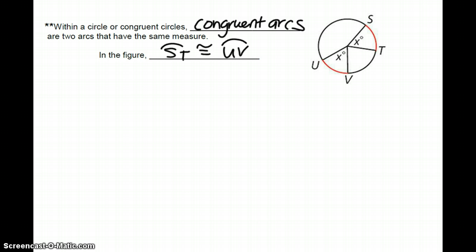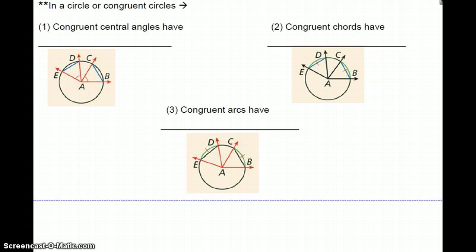Going off of this, we sort of have a flow of 3 theorems in a circle or congruent circles. Congruent central angles, so if angle EAD is congruent to angle CAD, then they will have congruent chords.